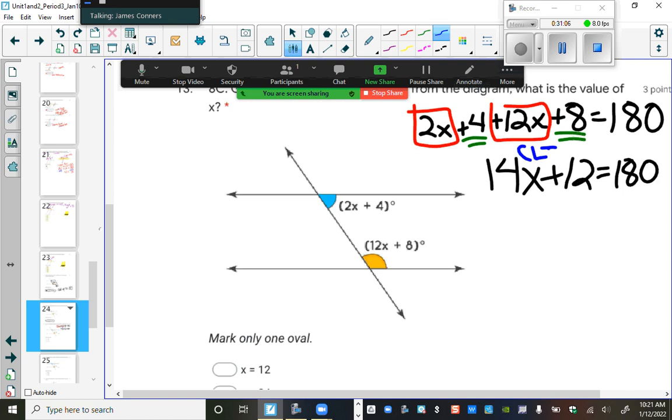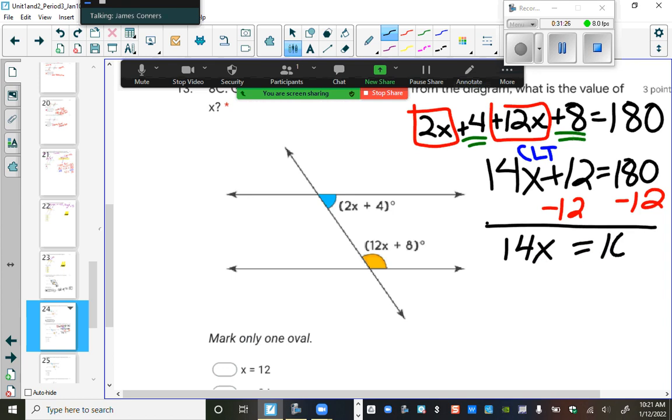Combine like terms, CLT. And then if we were to solve this equation, what's our first step here? Subtract 12 from both sides. Yup. You get 14x equals 168. And then what's our last step here? Divide 14 on both sides. Yep, divide 14 on both sides, very good.